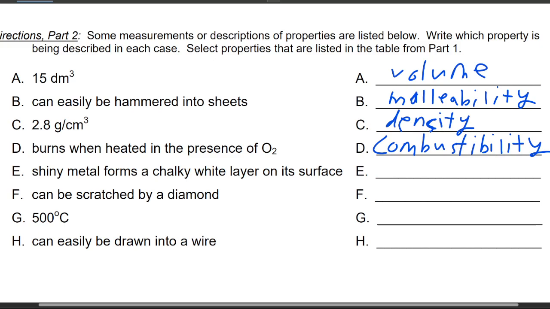E, shiny metal forms a chalky white layer on its surface. That is corrosion, or the proper name would be tendency to corrode. Let's see if I can all fit it here. Not quite.